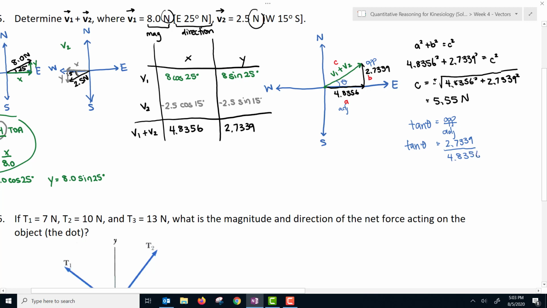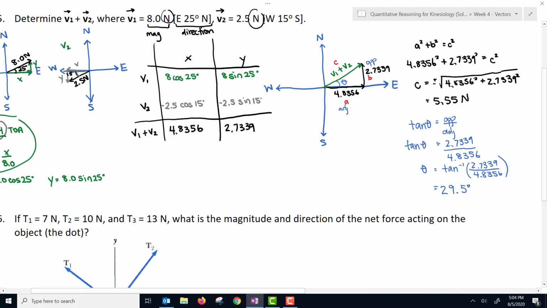Now I'll solve for theta, and I have tan inverse of 2.7339 over 4.8356, and that gives me, I'm going to type this on my calculator, tan inverse of 2.7339 divided by 4.8356, and I get 29.48. I'm going to round it to 29.5 degrees.